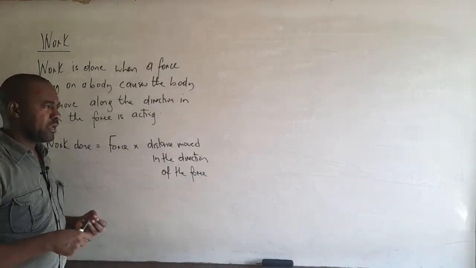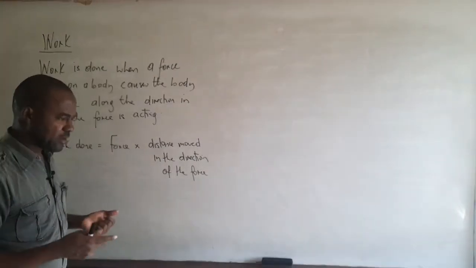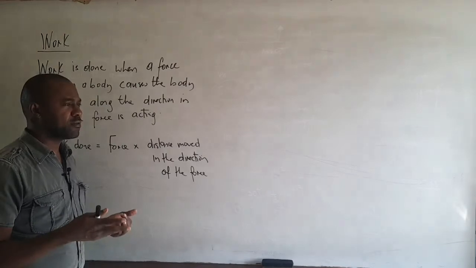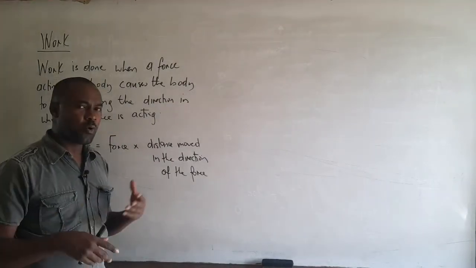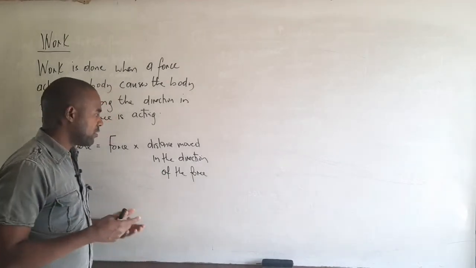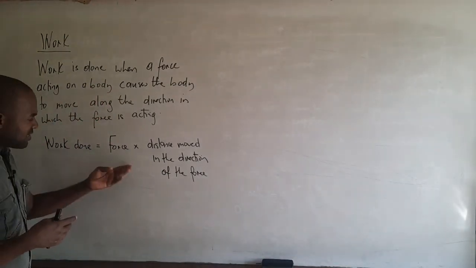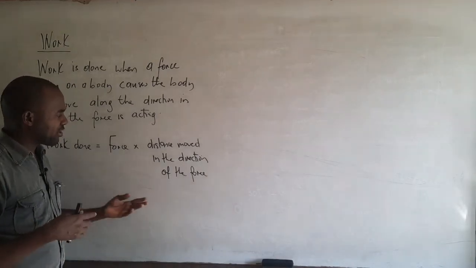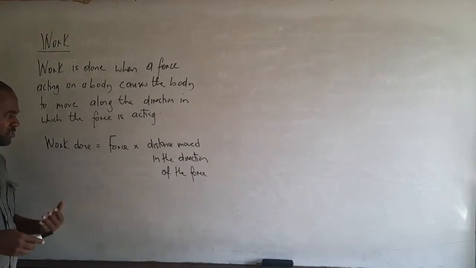Right? Now later on we'll see situations where a force is acting but a body is moving at right angles to the direction of the force. And in that particular case, then no work will be done. Right? However, in this case, we'll be focusing on situations in which a force is acting and an object is moving along the direction or along the line of action of the force, and therefore work is being done by that force on the body.